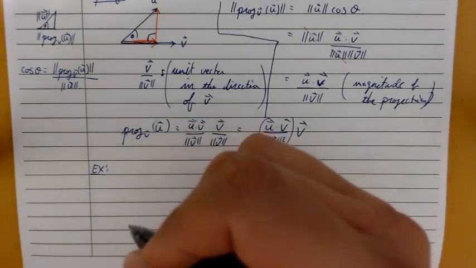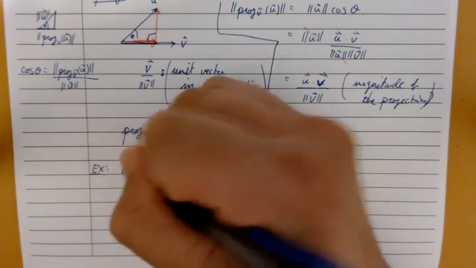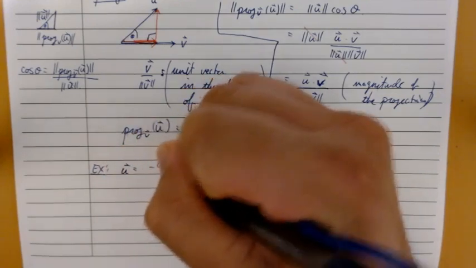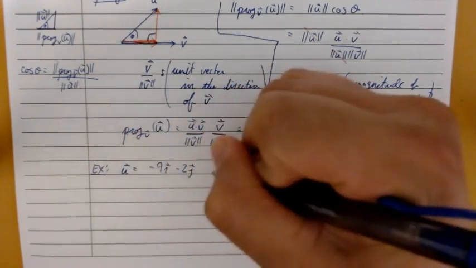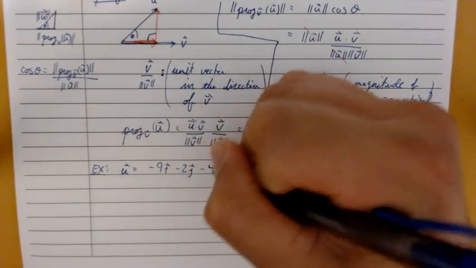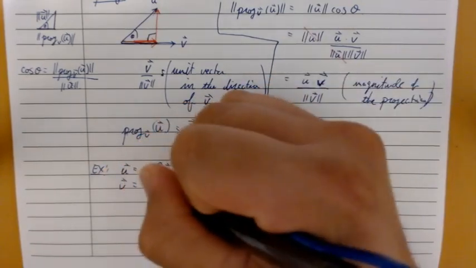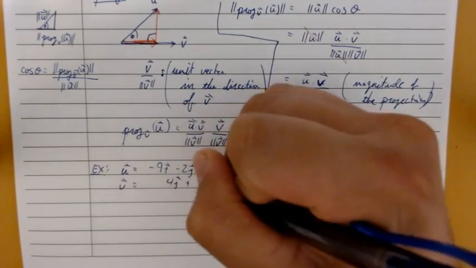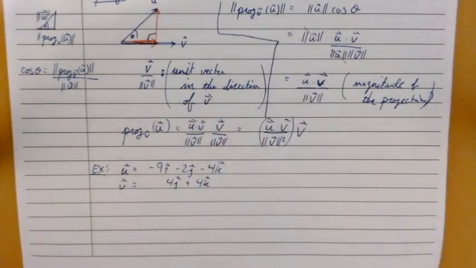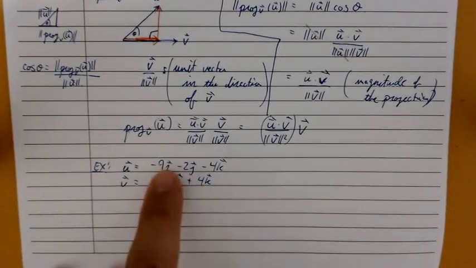Let u be given by the vector negative 9i minus 2j minus 4k. And let's let the vector v be given by 4j plus 4k. Once again, these are clearly in three dimensions, i, j, and k.